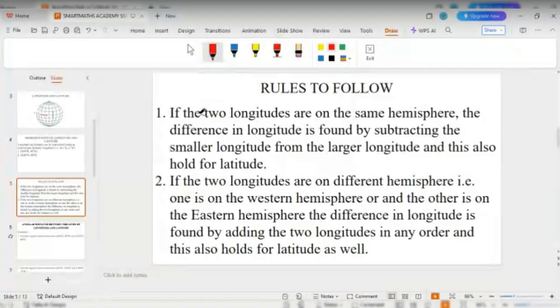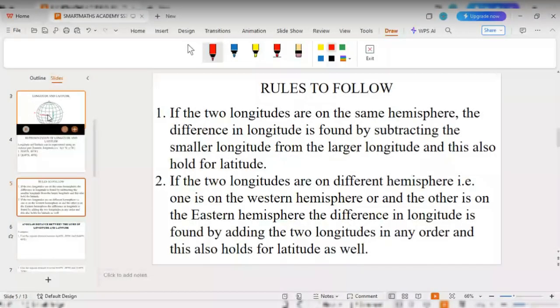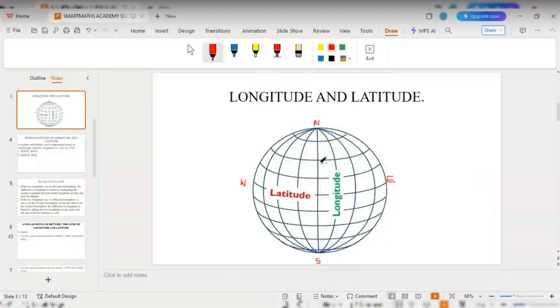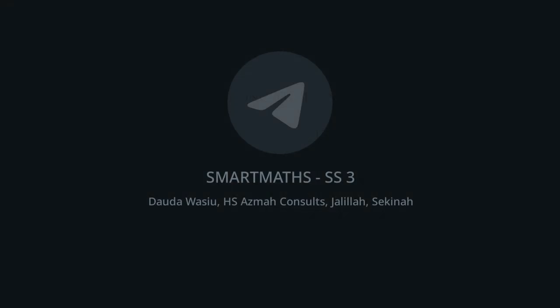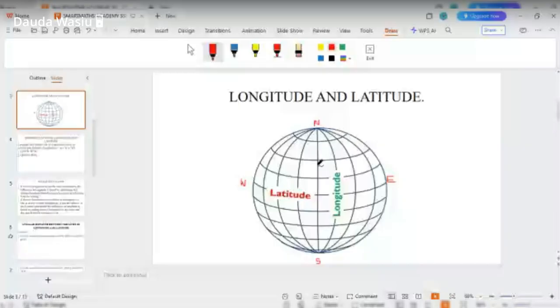Look at the statement. It says if two longitudes are on the same side, that is, either west-west or east-east, so two longitudes that fall on the same side of the meridian, that is the vertical line downward. Let me show you from the diagram again. This vertical line downward divides the sphere into two equal halves vertically.